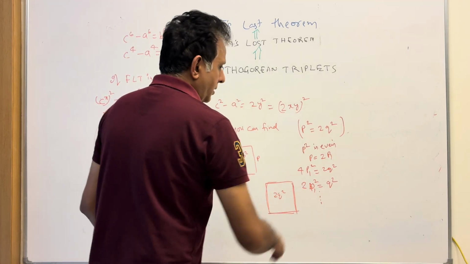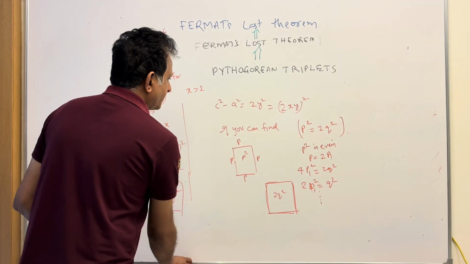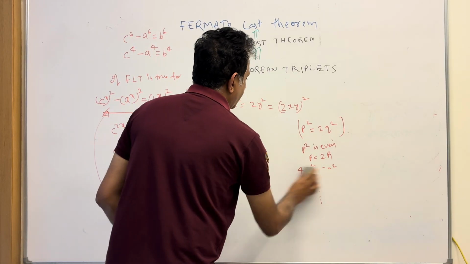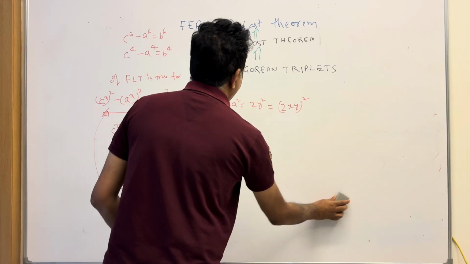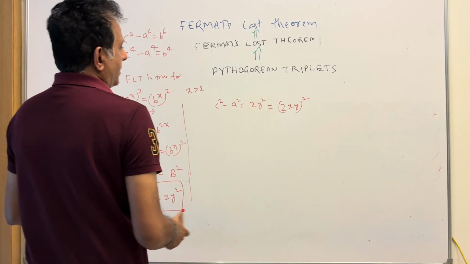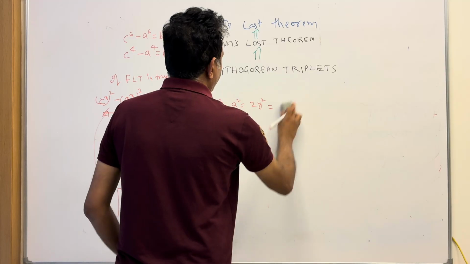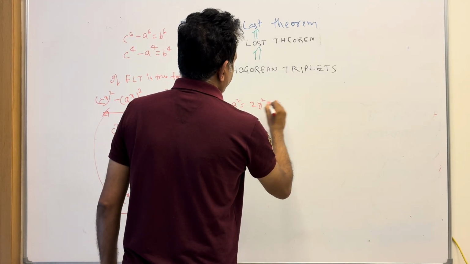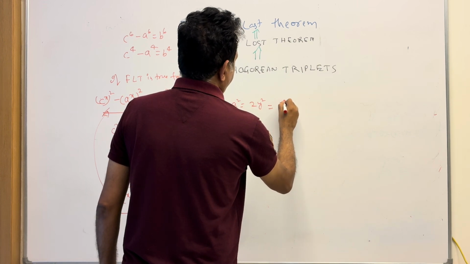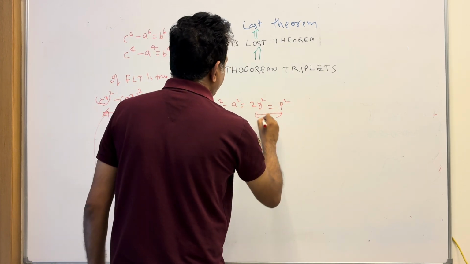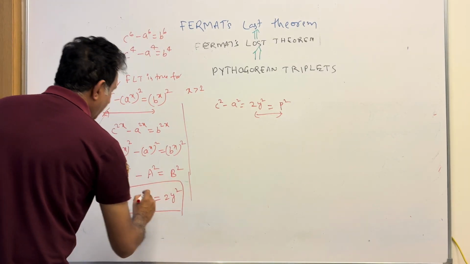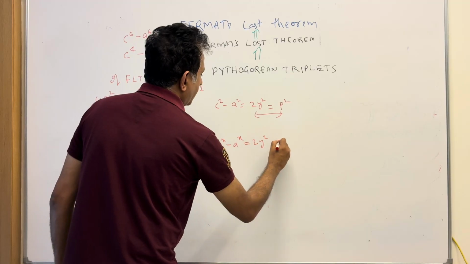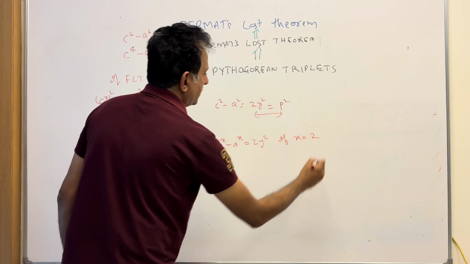Okay, since this is not possible, let us take c square minus a square equal to something like 2y square, that is like p square. Since this is not possible, you cannot find c power x minus a power x equal to 2y square if x equal to 2.